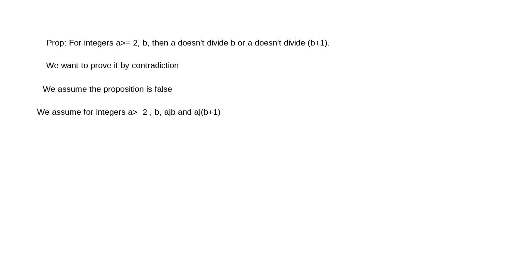All right? We assume this. Let me write it in red color. We assume this in the hope to derive a contradiction. Okay, so that's why we do this, in the hope to derive a contradiction.